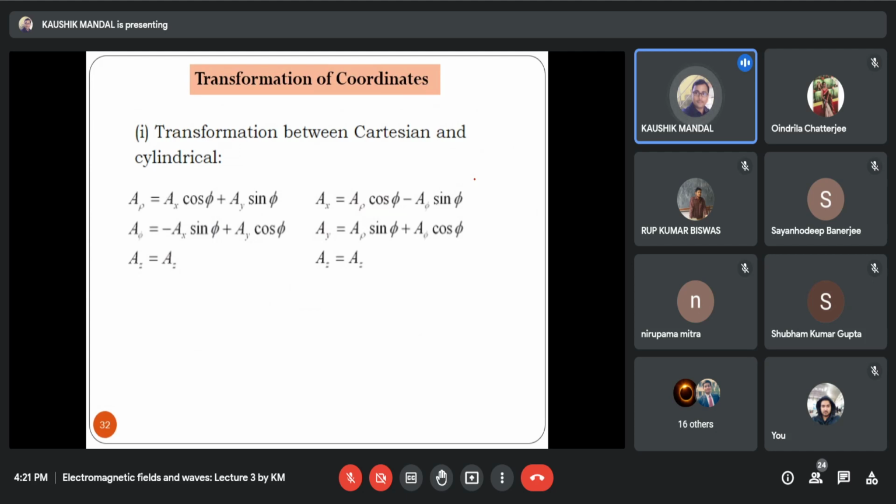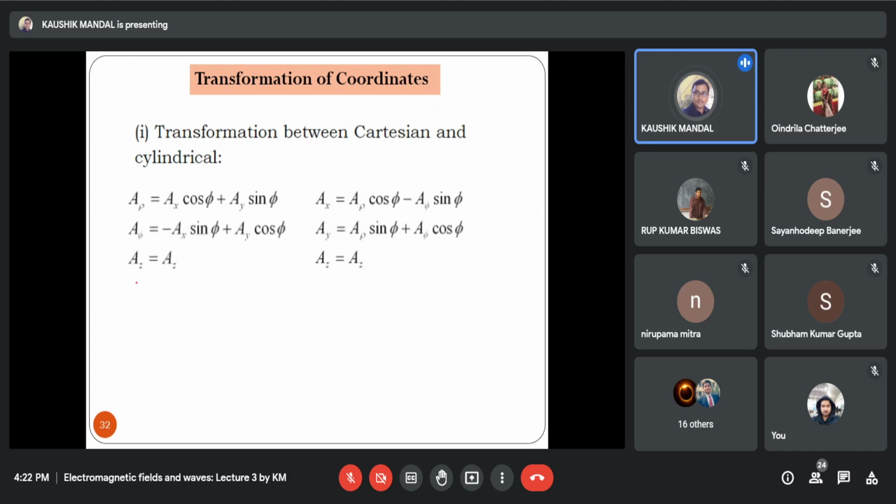Now the transformation, how we can transform between these two coordinate systems. We can apply these equations, or you can derive these equations from the previous equations. That is, A rho will be ax cos phi plus ay sin phi. That is, we are writing the cylindrical components a rho, a phi, a z.